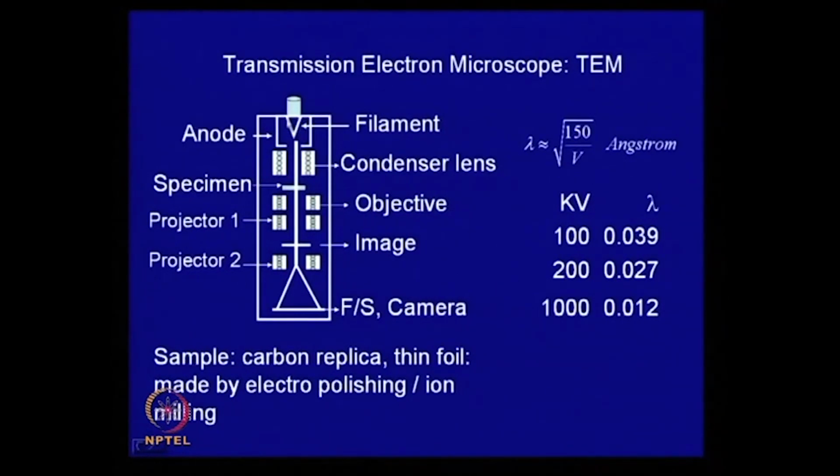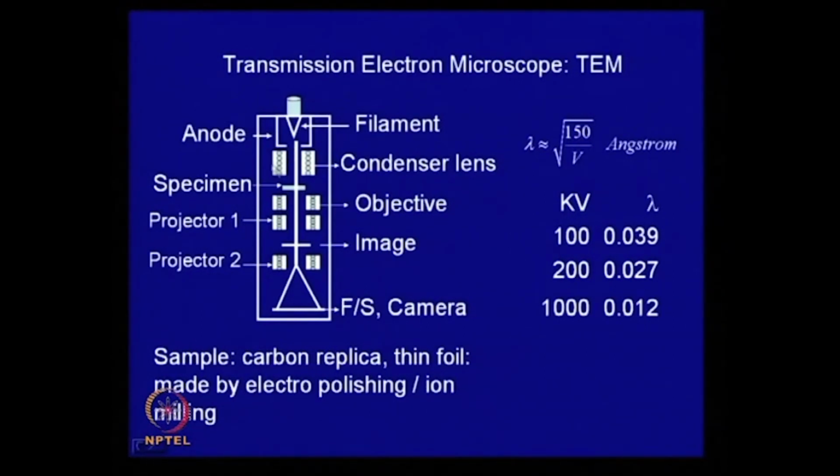If it is heated, it emits electrons, and these electrons can be accelerated by applying a large voltage, of the order of 100 or 200 kilovolts, between the anode and the cathode, that is the filament, and the ray of electrons moving at a very high speed will pass through.